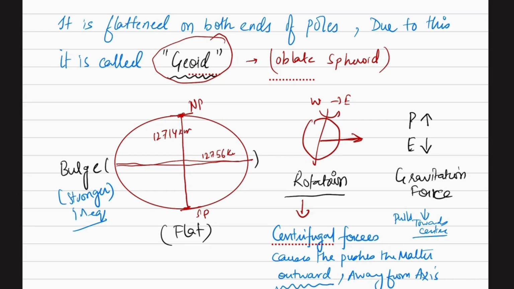It pushes the matter outward, away from the axis. Due to this outward force it becomes stronger at the equatorial part, due to which it becomes bulgy.